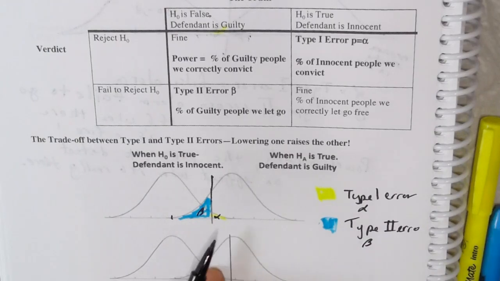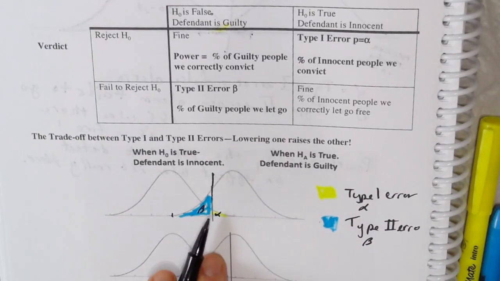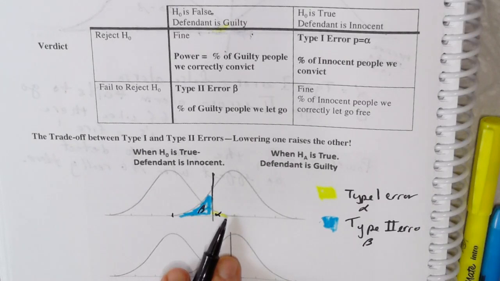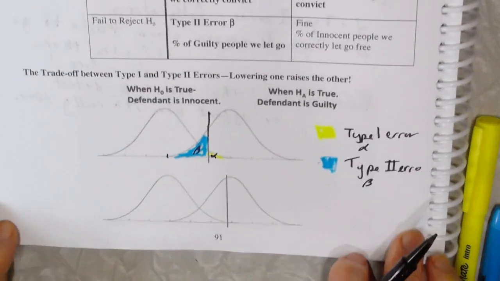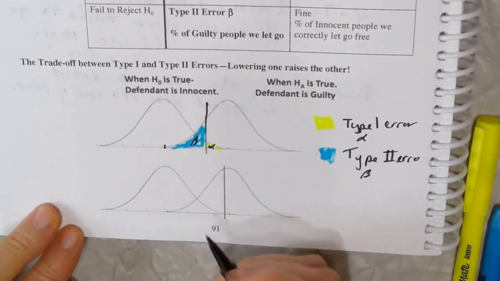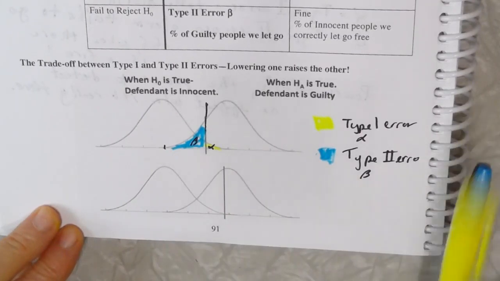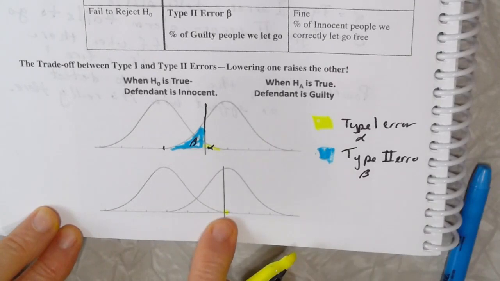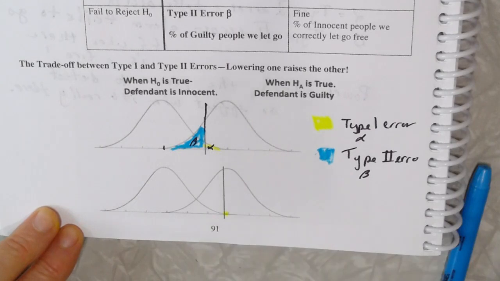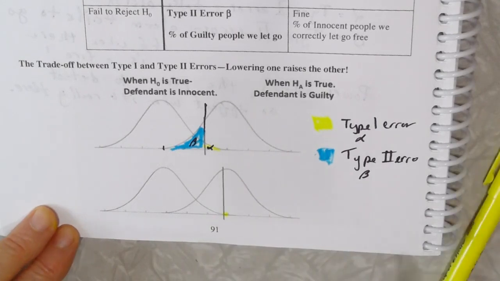So you might say, let's say this was a murder trial, and the consequence would be the death penalty. Well, you want to make that as small as possible. You don't want to kill innocent people. But look what happens if you move this over so that you're hardly ever going to kill an innocent person, look what happens to the other type of error.